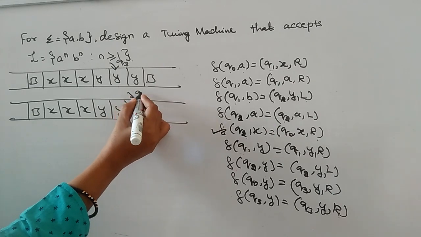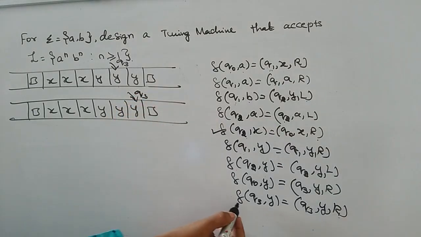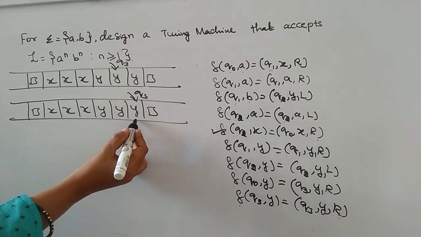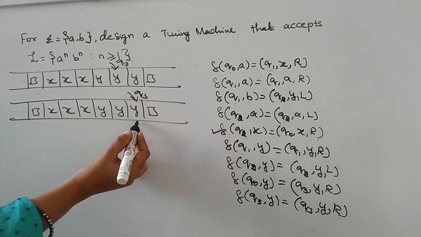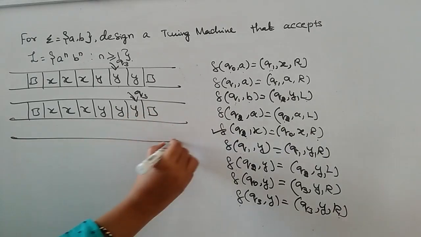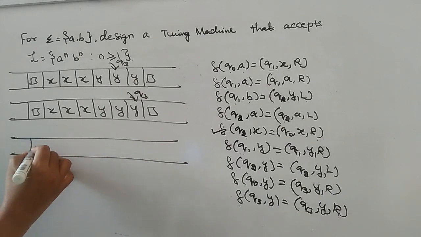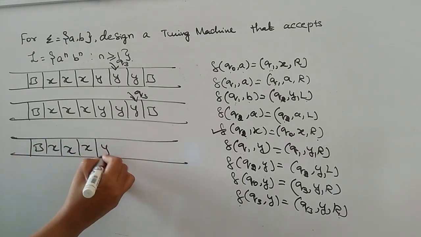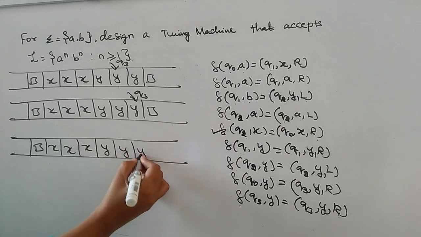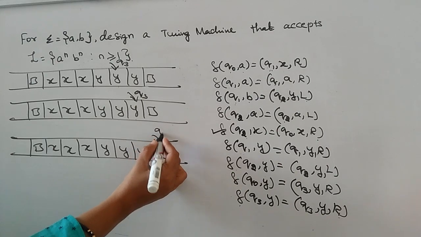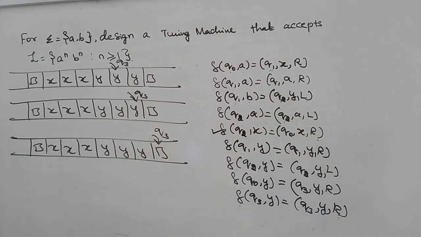So it will point here. And as per this transition, the machine is in the state Q3 and it is pointing to the symbol Y. That means the read write head will be moved towards right. So now it will point to the blank, and the machine is in the state Q3.